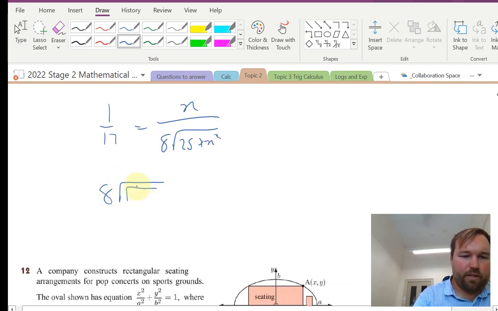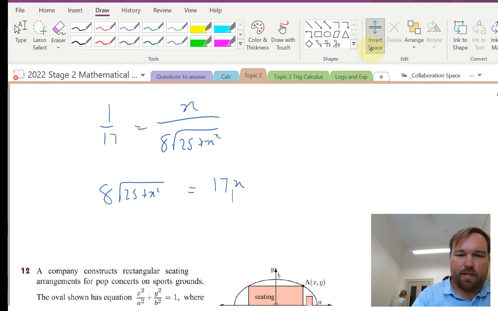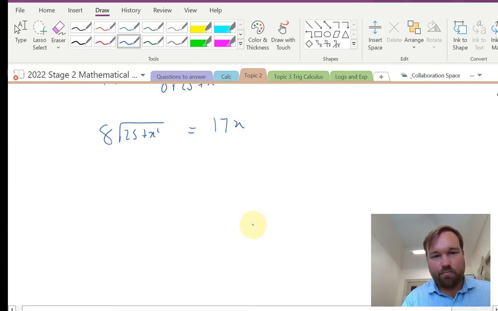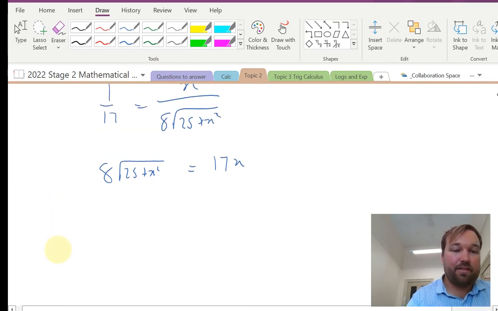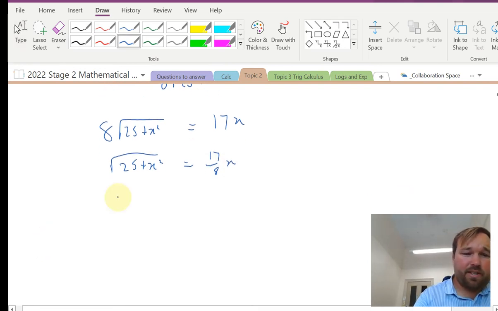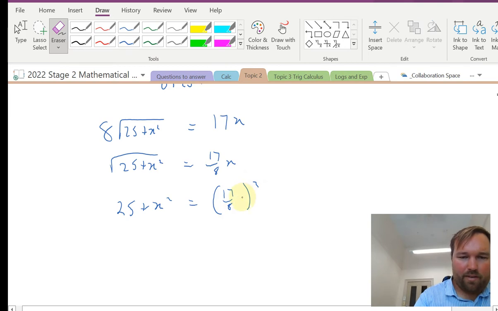8 root 25 plus x squared equals 17x. We need more space. I would divide both sides by 8. Square root of 25 plus x squared equals 17 on 8 x. I would then square both sides. 25 plus x squared equals 17 on 8 x squared.